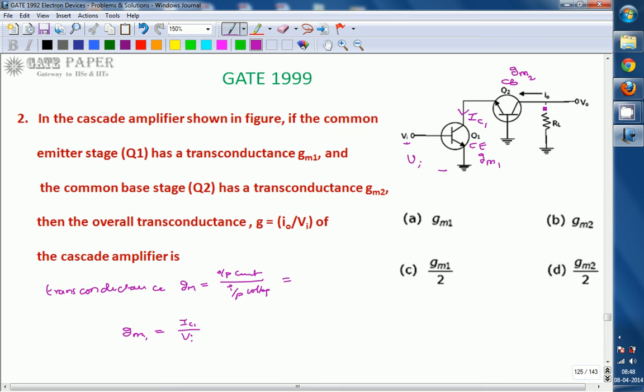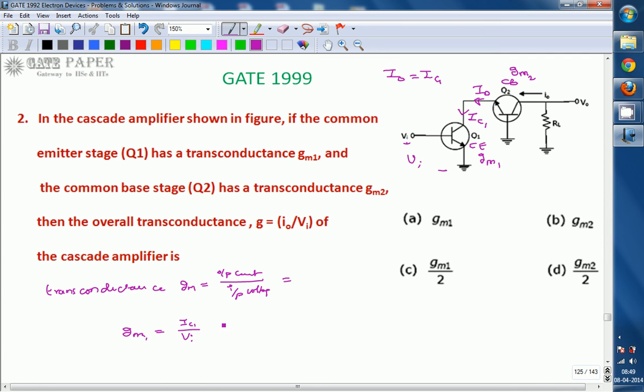If the output current I0 is flowing in the collector of Q2, then the emitter current of Q2 is also the same I0, because it has ideally unity current gain. This I0 is now flowing through the collector of Q1. So I0 is equal to IC1.